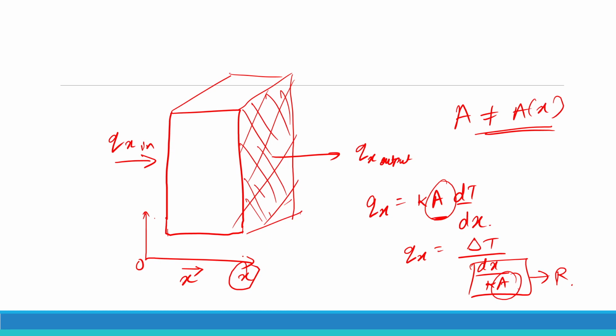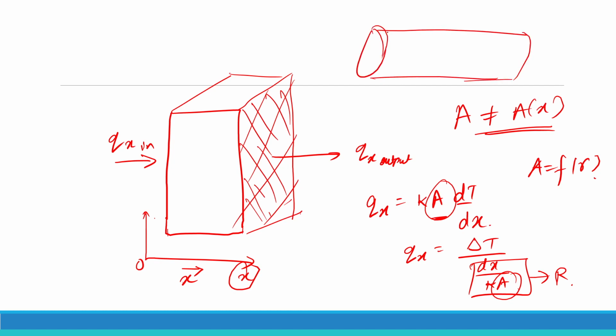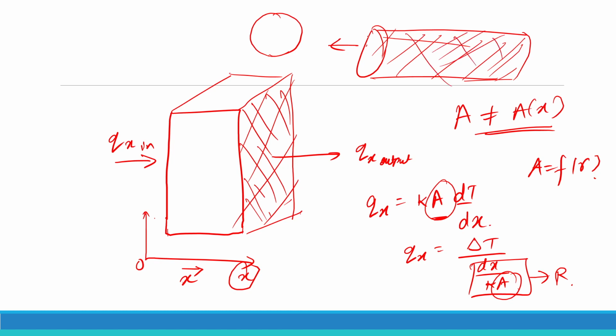But in case of any other geometry such as cylinder or radial system, this area will be a function of radius r. So for example, if we take a cylinder and just draw the side view of this cylinder, in case of this cylinder also, this will be my heat conduction area.